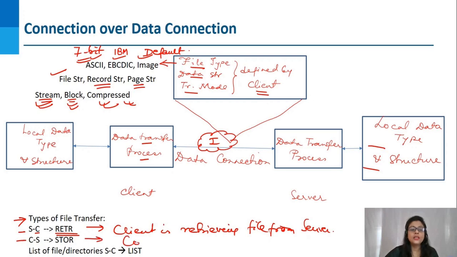Here the client is sending a file to be stored in the server, and it uses the STOR command. Many a times a list of files or directories can be sent from the server to the client, and in that case the LIST command will be used.